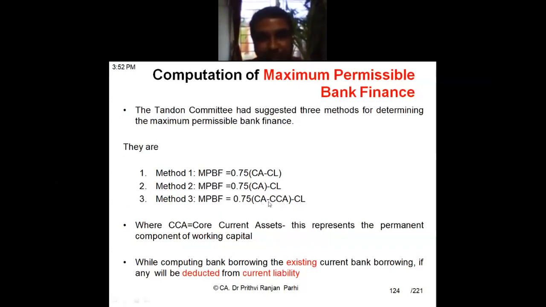That means current assets minus current liabilities will be found, 75% of that will be found, and from that, current liabilities will be reduced, and that will be the maximum permissible bank finance. So the bank will be financing 75%.